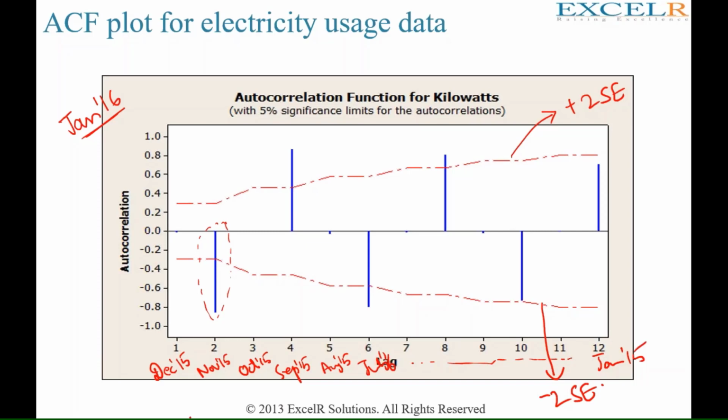So either way, positively correlated or negatively, either way. If it's crossing that red dotted line, that means it is significant in forecasting Jan 2016, right? On similar lines, September 2015 is also significant in forecasting Jan 2016, and then July also is significant, and on similar lines June, May also is significant.